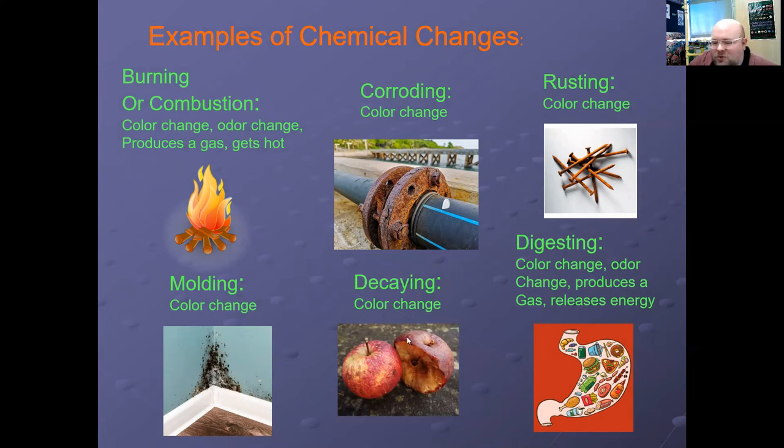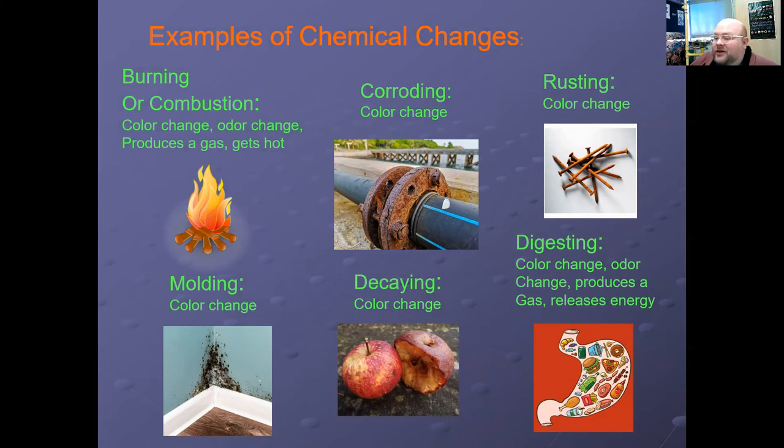Decaying, look at this old rotten apple. Once something has decayed, there's a color change, but it is not reversible. It is not going to go back. Digesting, once you insert food and drink in your body, there's a color change, odor change, a gas is produced, energy is released.